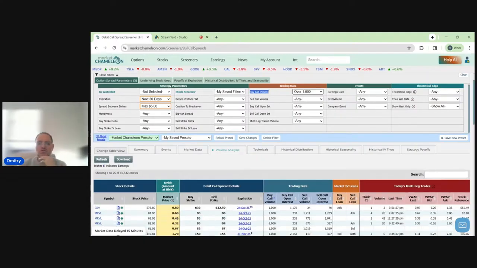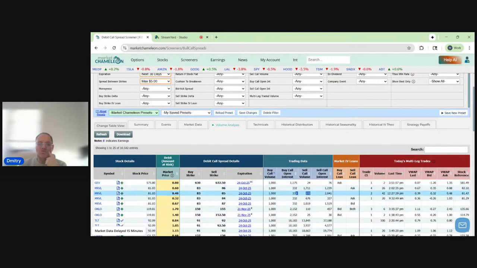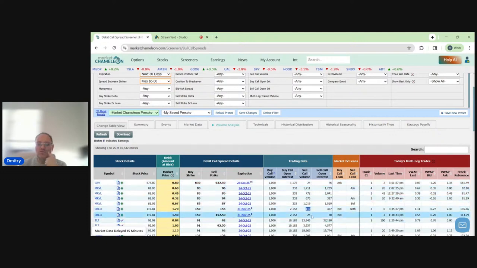So you see here, now it filtered out to 10,542. So this shows us there's 1,000 contracts traded on this buy side, but the sell side sometimes could be weak, only 25 contracts here, 24 here.